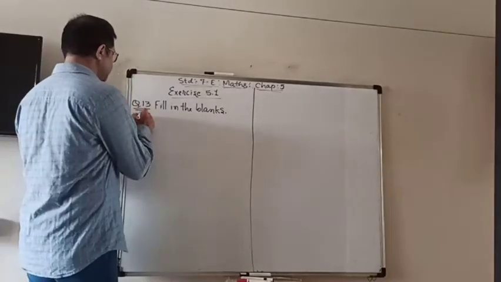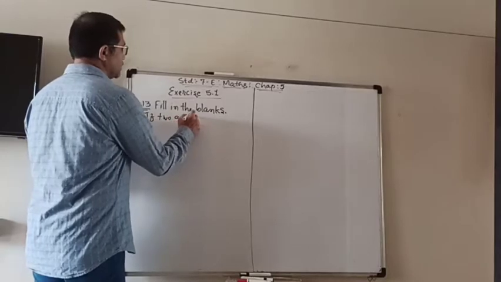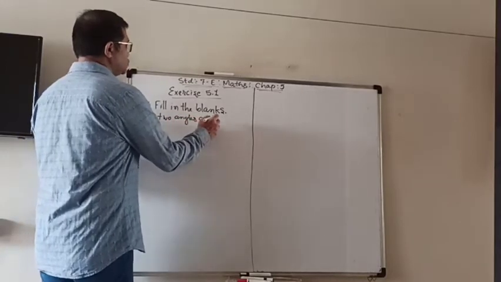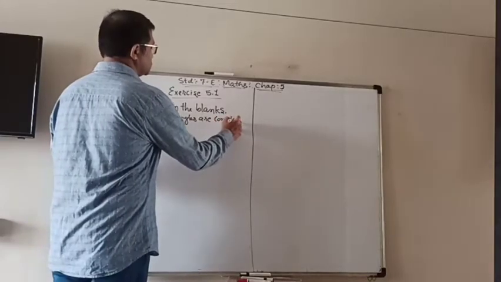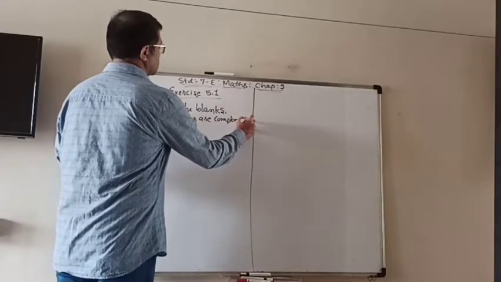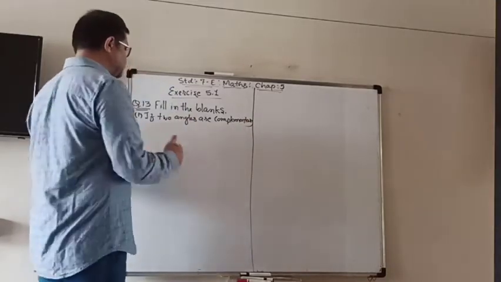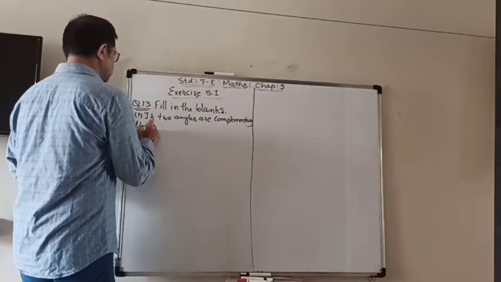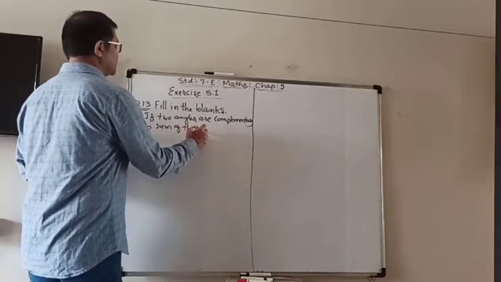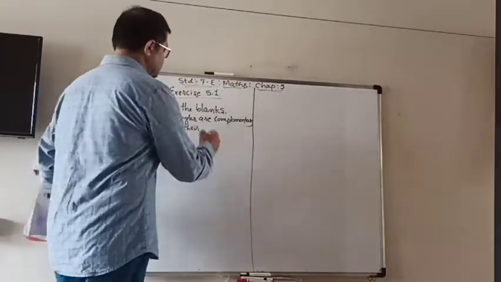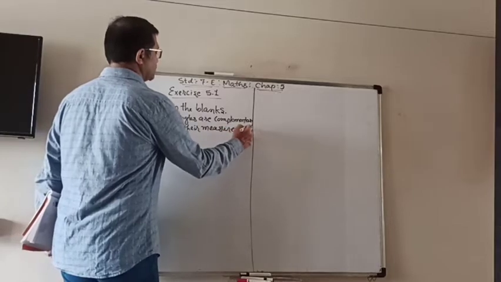First one, if two angles are complementary, then the sum of their measure is blank.